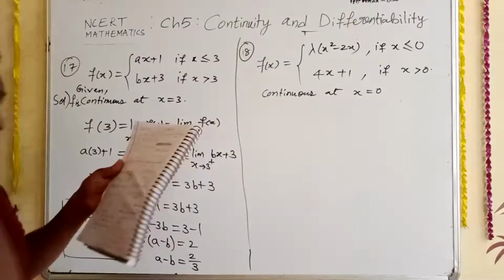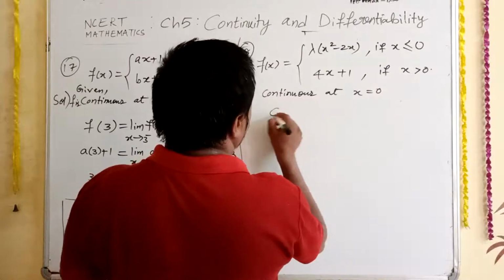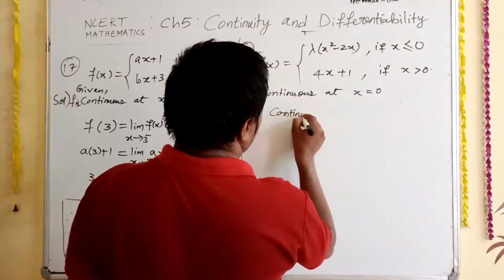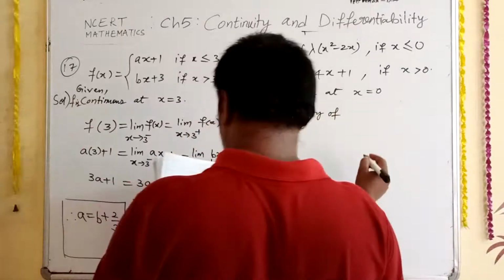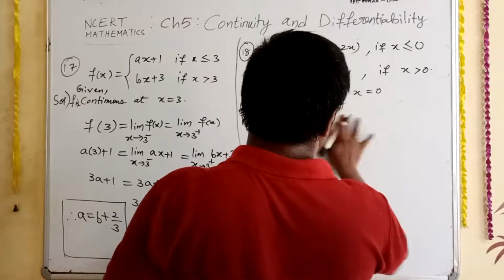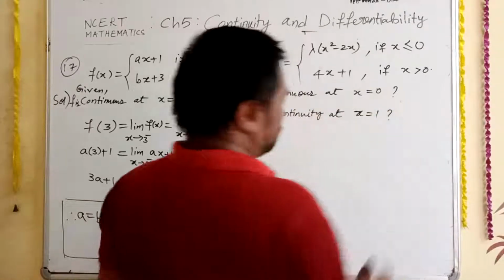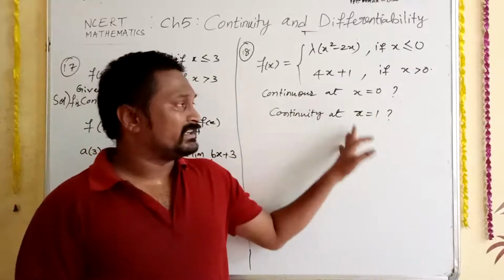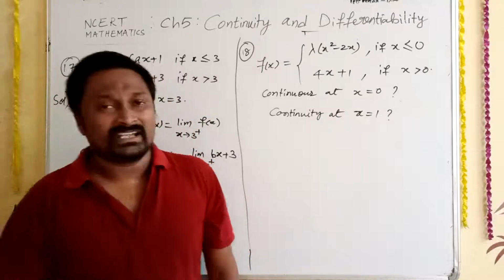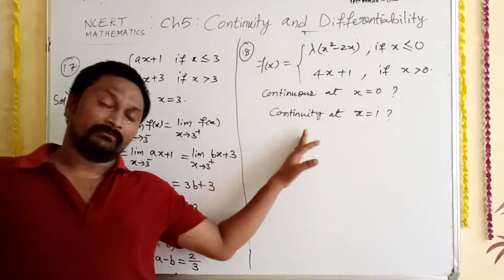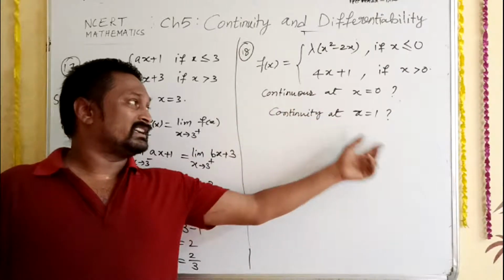And what about continuity at x equal to 1? That means we need to check whether it is continuous or not at x equal to 0 and x equal to 1. So remember, like this they have given, check whether it is continuous at x equal to 0 or at x equal to 1.